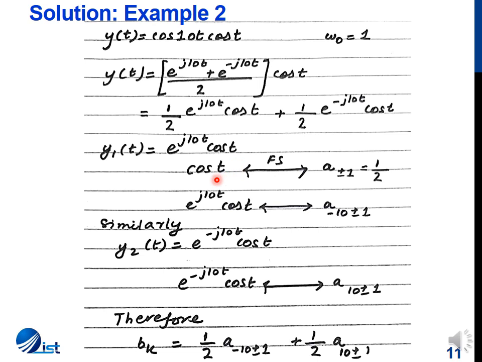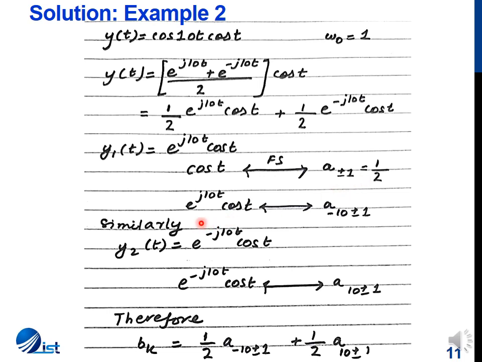So we remember that cos of t had a Fourier series of just two components which existed at the fundamental frequency, which for our case is omega naught, 1 hertz, and the first component at k equal to plus 1 and minus 1 was 1 by 2. All other components were 0.